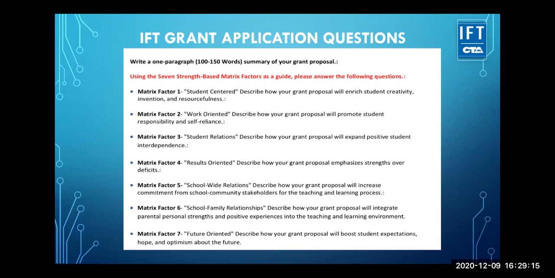Matrix factor 4, you're looking at how your grant proposal emphasizes strengths over deficits. So how are you going to identify those student strengths, and how are you going to help build those strengths that you identify and get students to that next level?